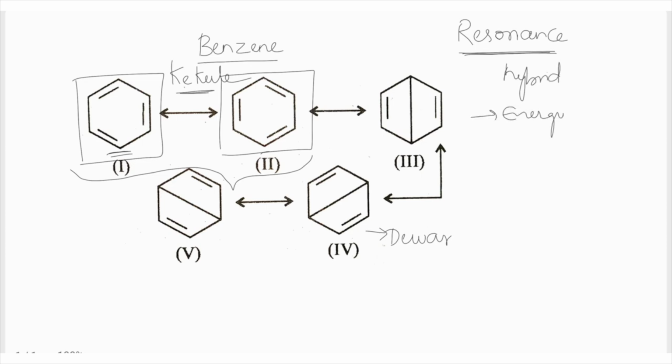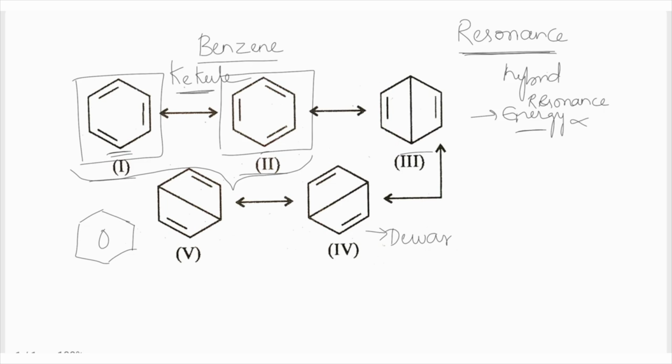The energy of the resonance hybrid is very less compared to that of the remaining canonical forms. This difference in energy is called resonance energy. What is resonance energy? The energy gap that we see between all the canonical forms and the resonance hybrid, that is this form. So this is having the least energy.